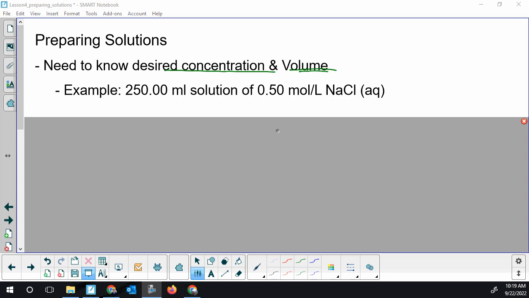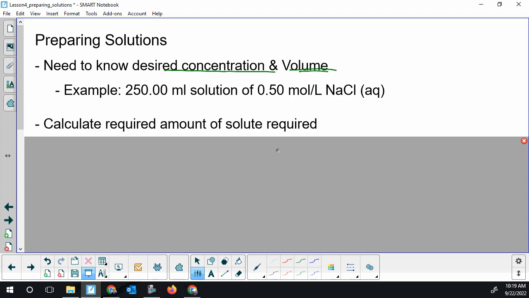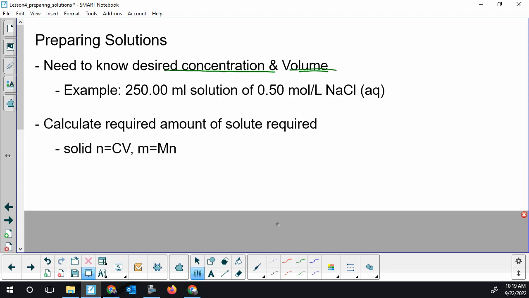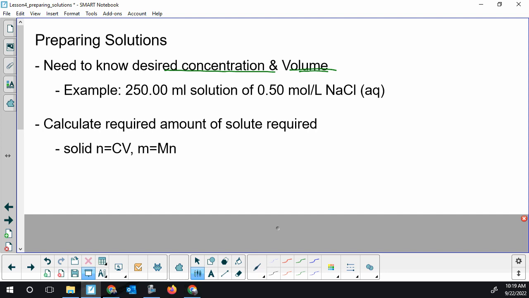If you know your volume and you know your solute, you can calculate the concentration of your solute. You can calculate how much solute you need.